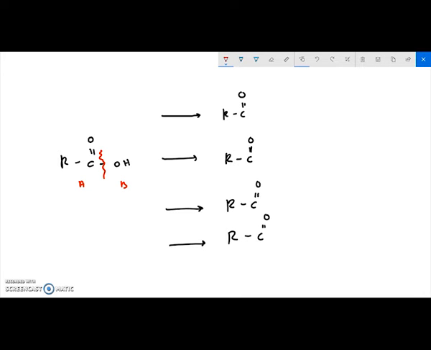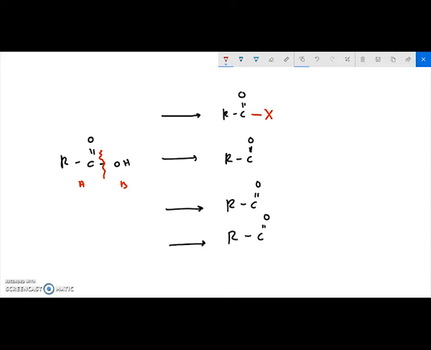Okay, for the first one, we're going to replace the OH with a halogen compound. So in general, we write it as an X. It can be either fluorine, bromine, chlorine, or iodine.